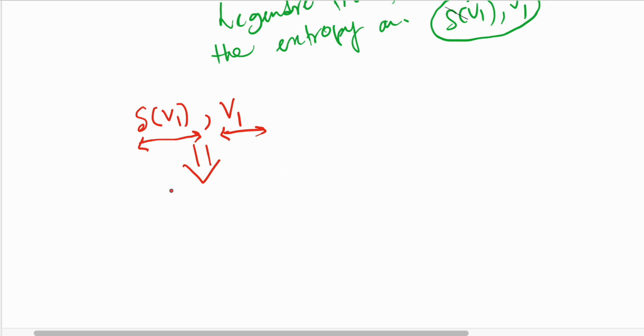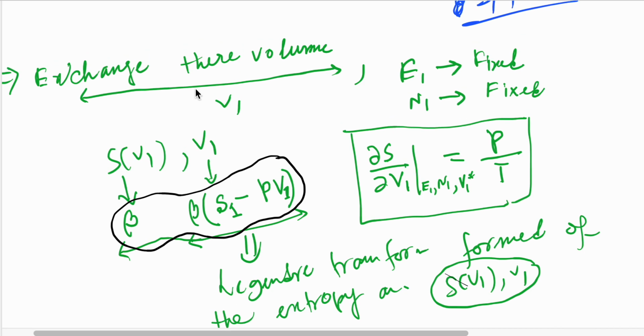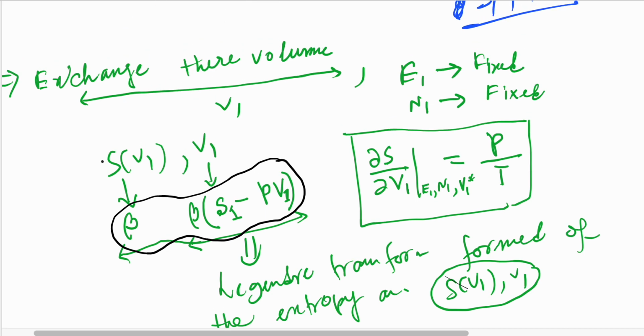In the Legendre transform, we always want to describe the system, or we reduce the extensive quantity to an intensive quantity, so that we can express the system not only in terms of extensive quantities but in terms of intensive quantities.